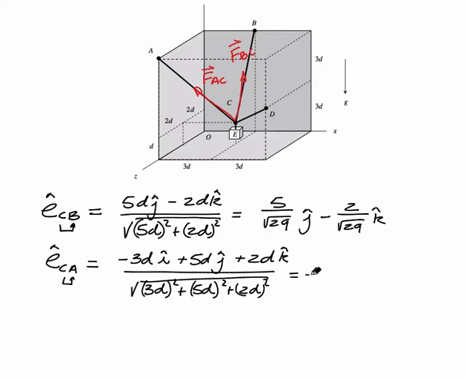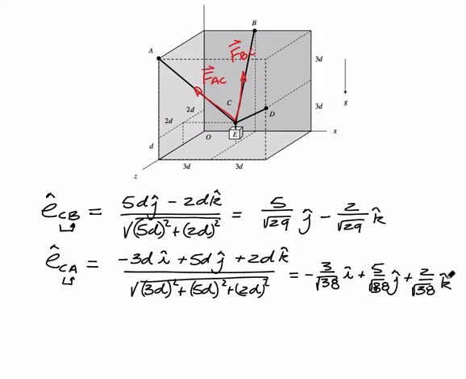What I end up with is minus 3 divided by the square root of 38 in the i, 5 divided by the square root of 38 in the j, and in the k it's 2 divided by the square root of 38.